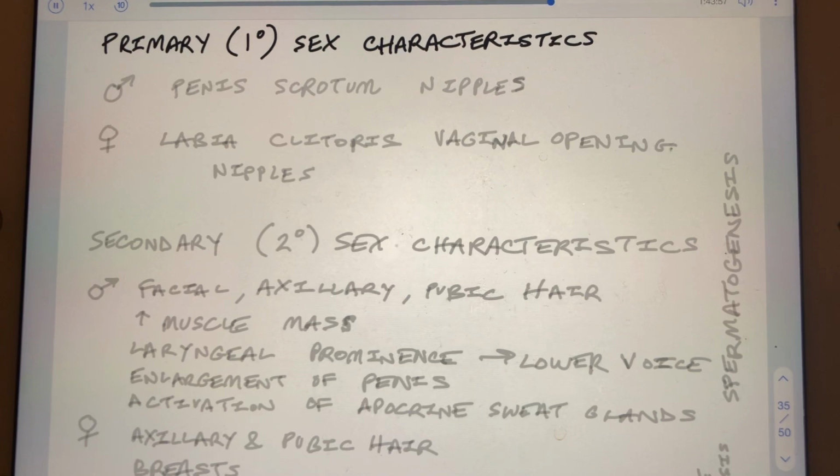Primary sex characteristics are outward expressions of sex, but not necessarily gender, that are present at birth.